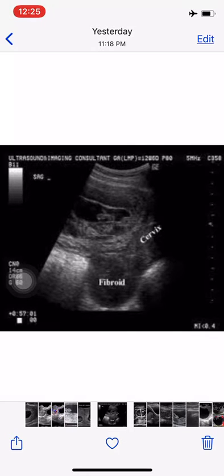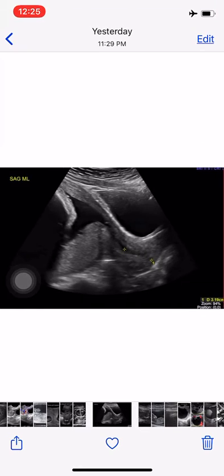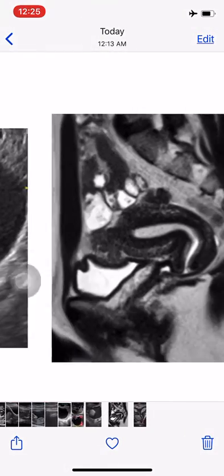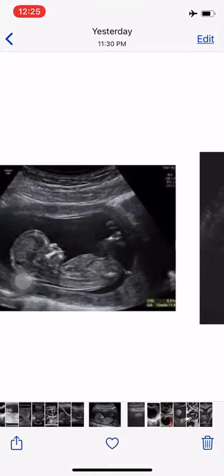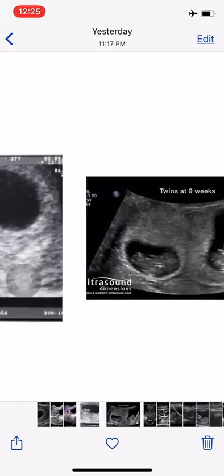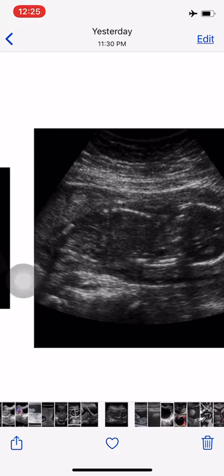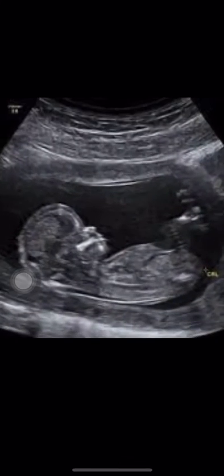Other point, يعني from the roles of ultrasound in the first trimester is to assess the nuchal translucency. We have a picture here, and you can see it here in this picture, which is the nuchal translucency, a thin fluid band at the back of the neck of the fetus.